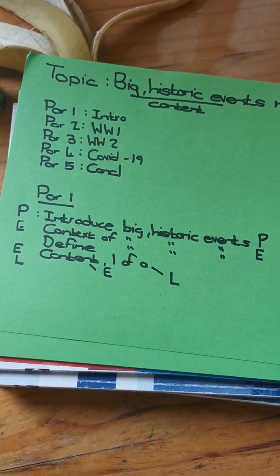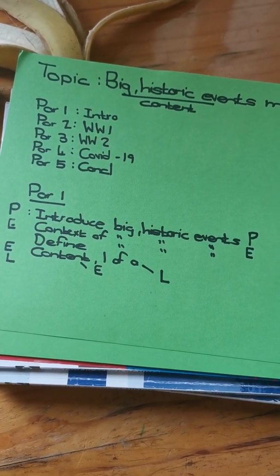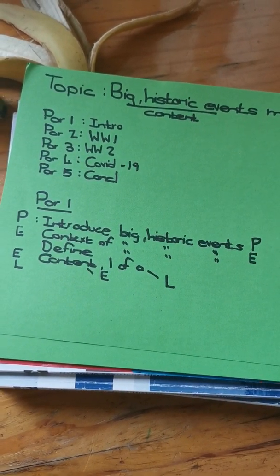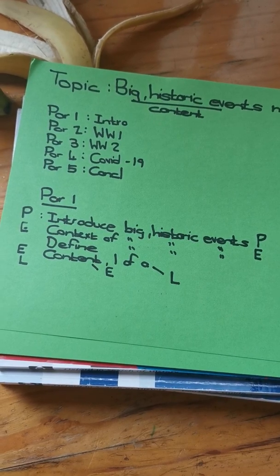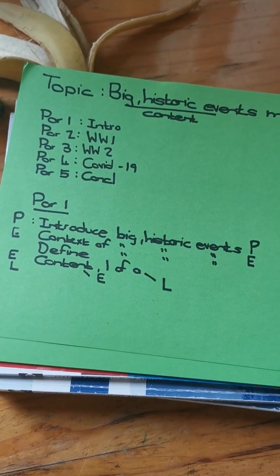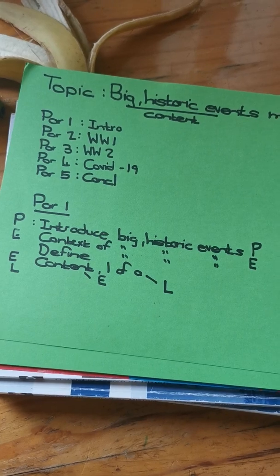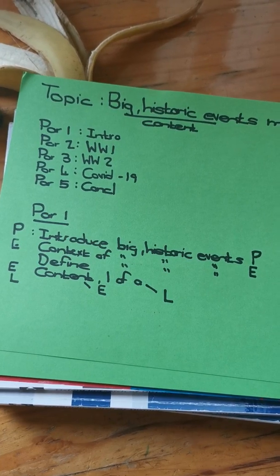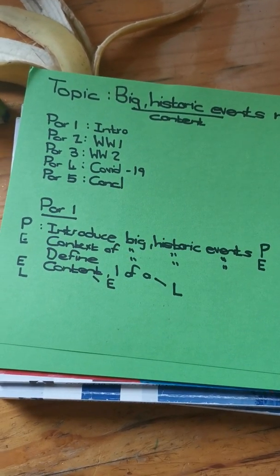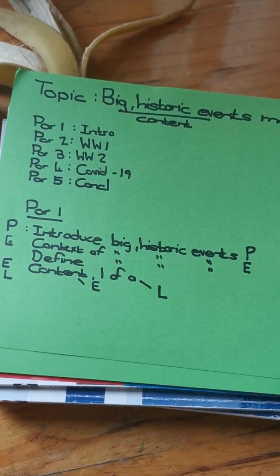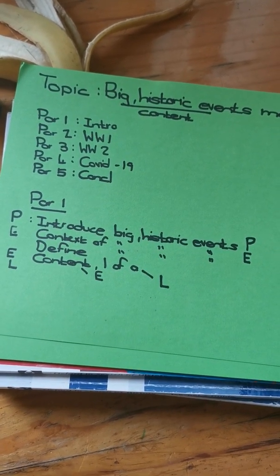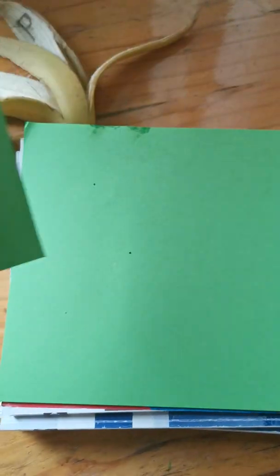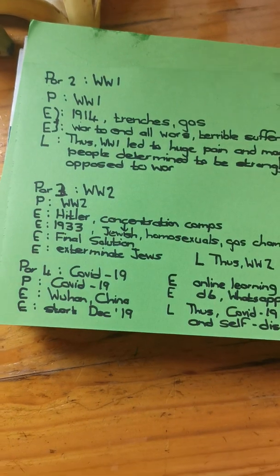So that would be my first E, the evidence, and then I'm going to explain some of that, what content I'm going to cover. So that would be, I'm explaining now, so that's my second E, and then line of argument or link. When I say what I'm going to discuss with the line of argument, that's my L. So you'll see the E's can be sprinkled around, the P at the beginning, the L at the end. So we don't let the 2 E's confuse us, because they can be sprinkled, they don't have to stress us out.